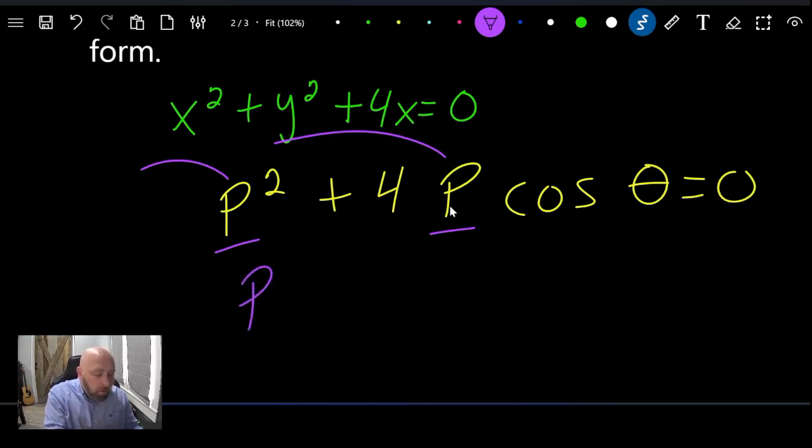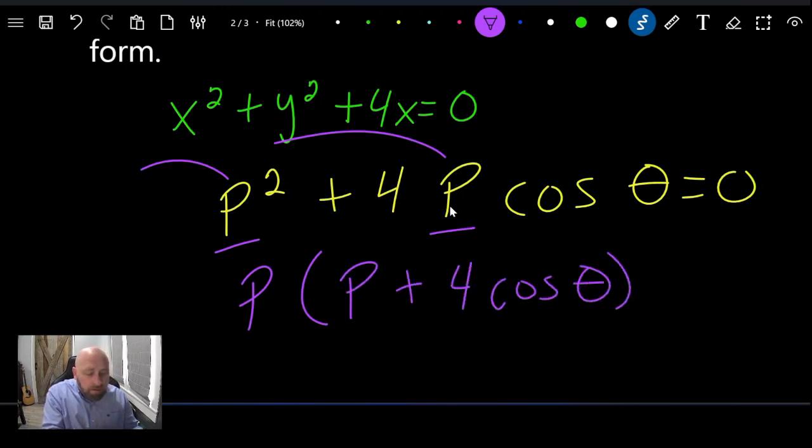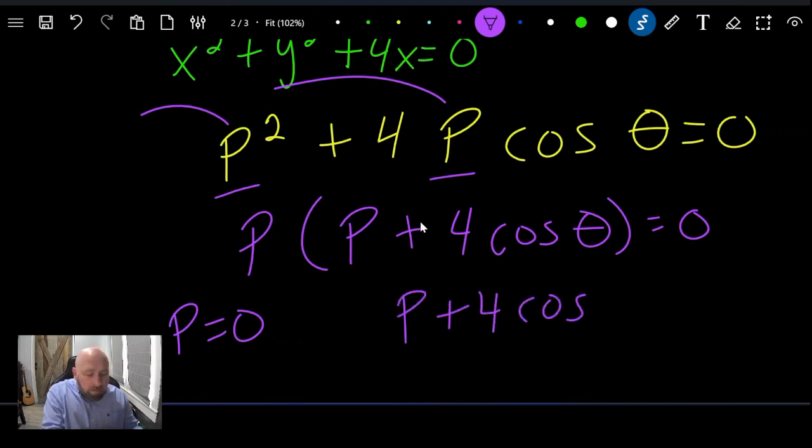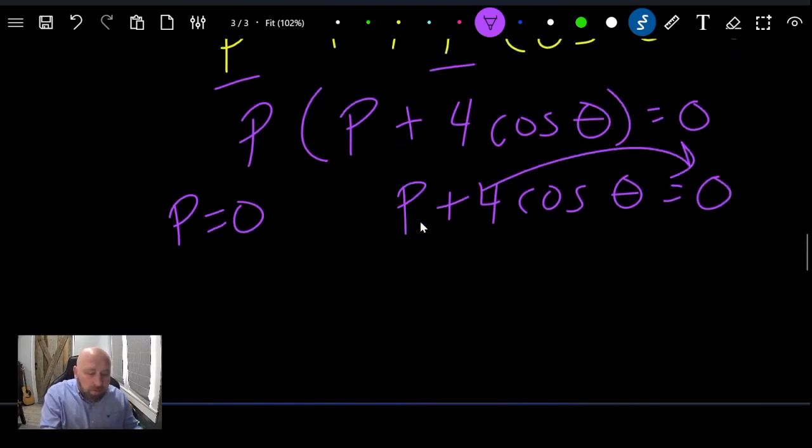So I'll end up with rho times (rho plus 4 cosine theta) equals 0. Now I can break this down and say that rho equals 0 and rho plus 4 cosine of theta equals 0. If I move the cosine of theta over, I get rho equals negative 4 cosine theta.